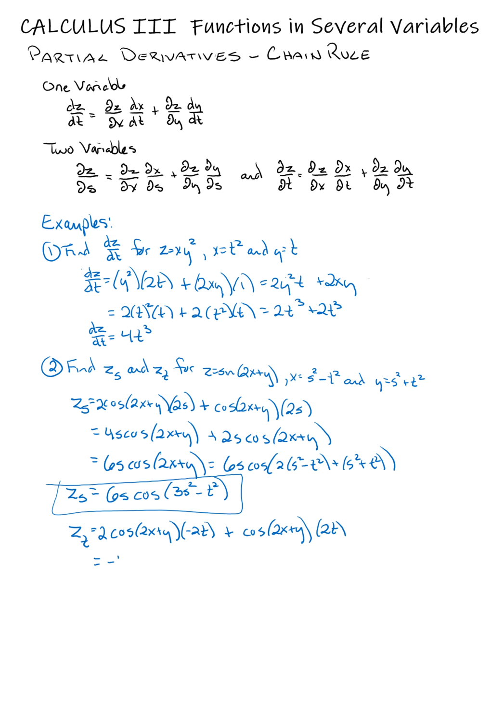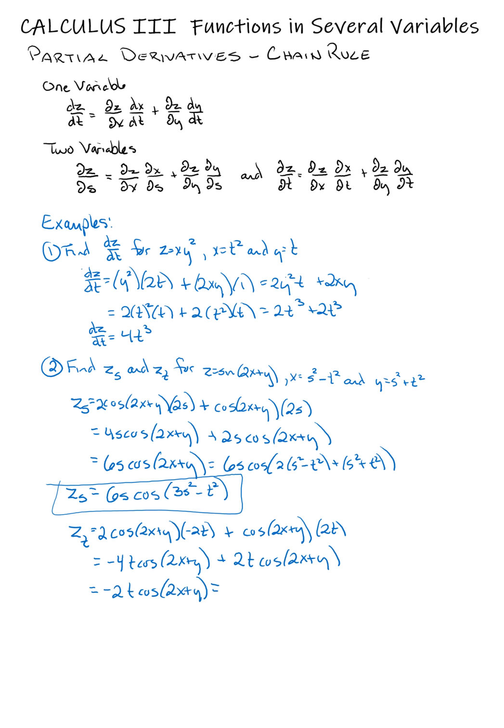We get negative 4t cosine 2x plus y plus 2t cosine of 2x plus y. Yeah, looks like we can combine those as well. That gives us negative 2t cosine of 2x plus y.